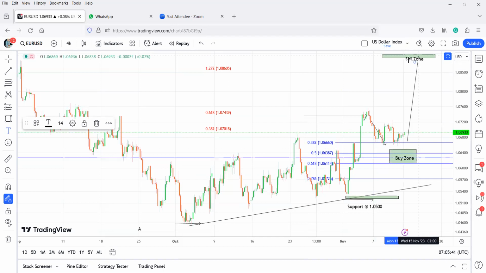I'm not asking to sell further, I'm asking to take profits when it appears around the sell zone. So for example, if you buy around 1.0680, then you should take profits around 1.0850, because that is the sell zone. It's not selling first, it's buying first and then taking profits.